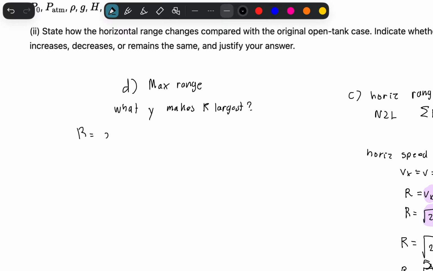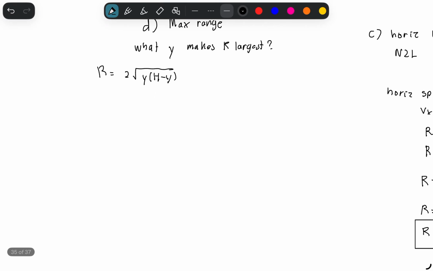So we already have this from earlier. Since the square root function increases when the inside increases, we have to maximize this.